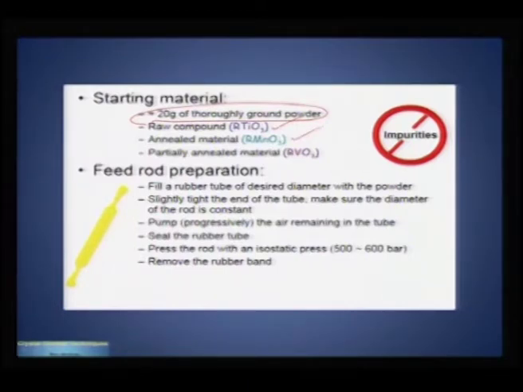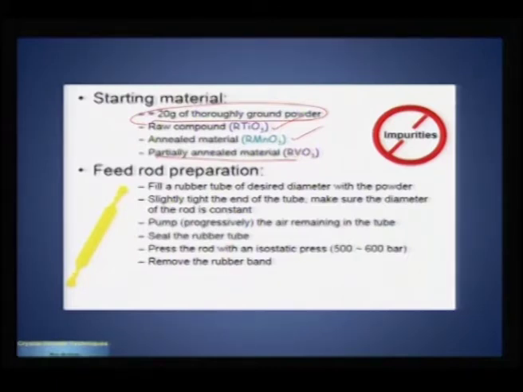In case of manganites, you need to anneal it a little bit, mainly because manganites take up carbon dioxide or water. Since it is reactive, you need to activate the surface. Therefore, if you are going to grow a manganite crystal, you may have to do an annealing before you take it, or you may have to partially anneal it for vanadates.